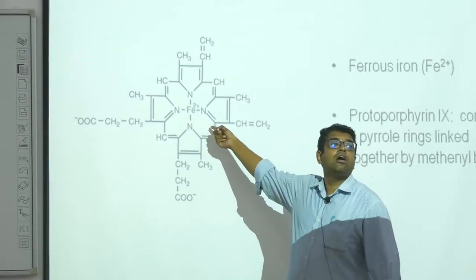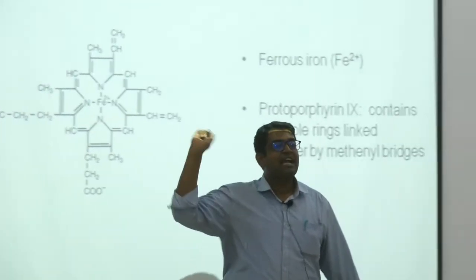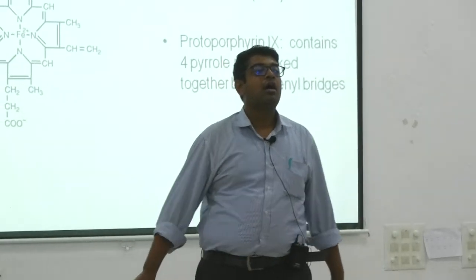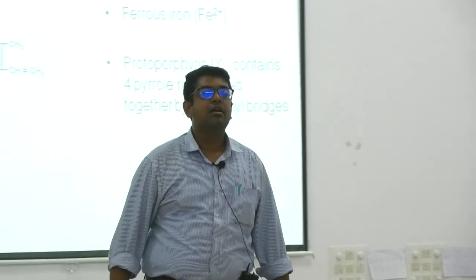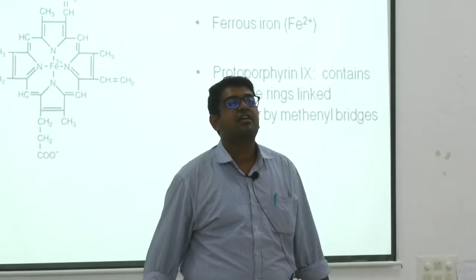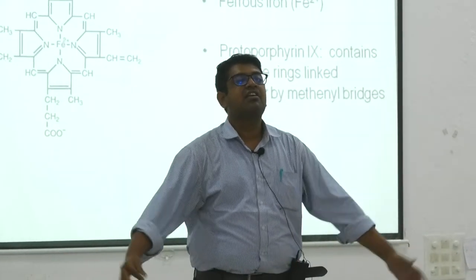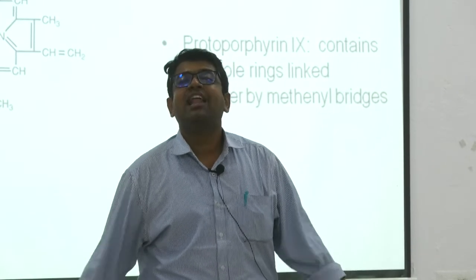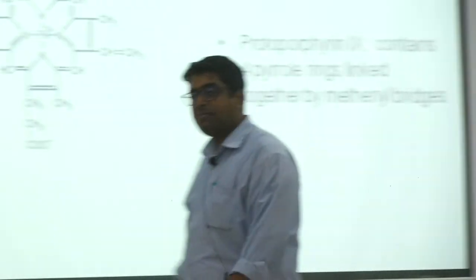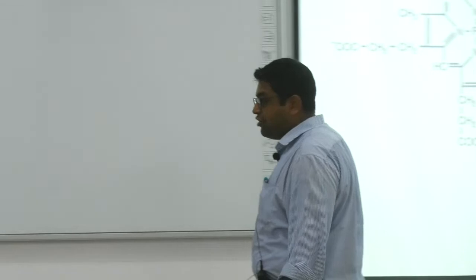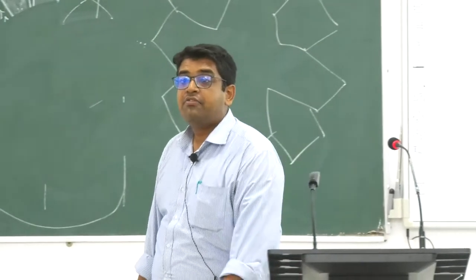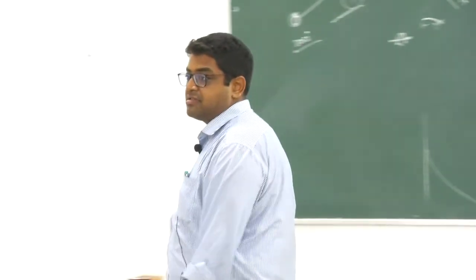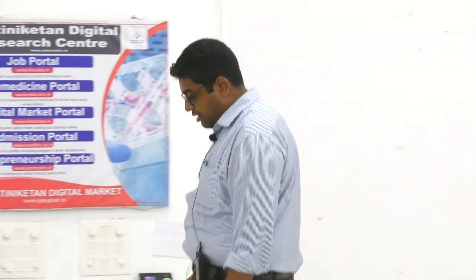Iron. So what is the nature of that iron protein? What kind of a protein? It is a metalloprotein, and you will find this structure in various other very important places in your body. Next slide please.